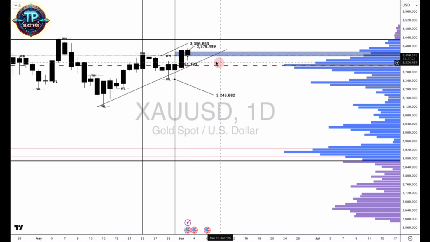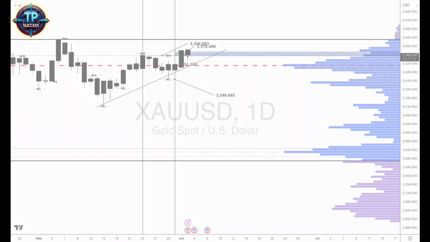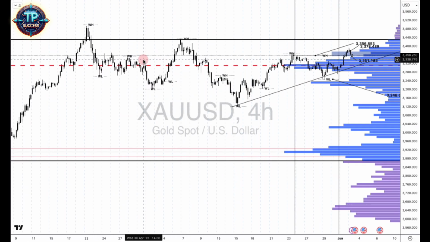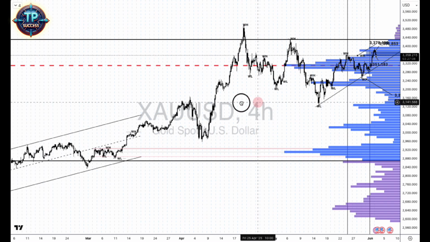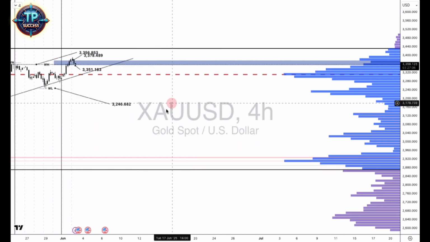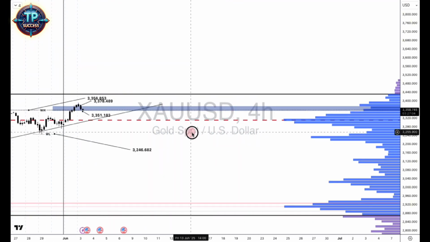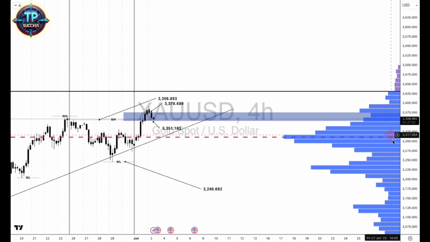It could push upwards, it could break down. We don't really know. We have to wait and see what happens, right? So with that said and done, let's go back to the 4 hour, because I think that's the best one to actually use right now to actually help us, right?